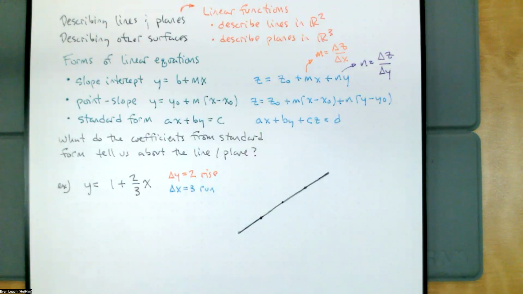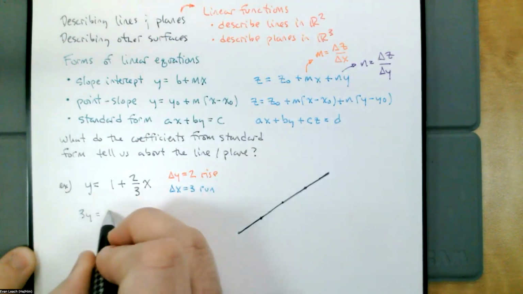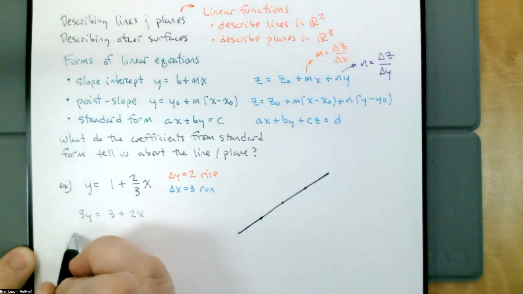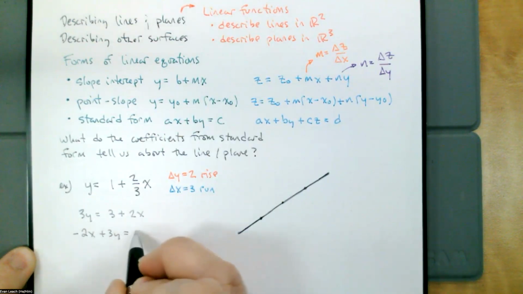Let's write this equation in standard form. So I'm going to multiply everything by 3. Now I'm going to put the x over on the other side. So I get minus 2x plus 3y is equal to 3.